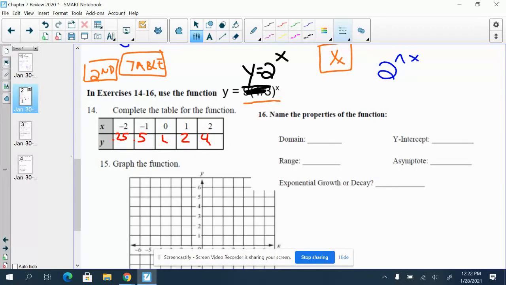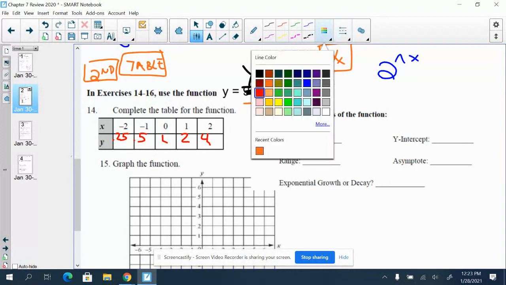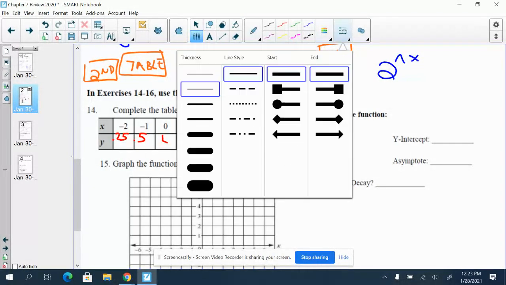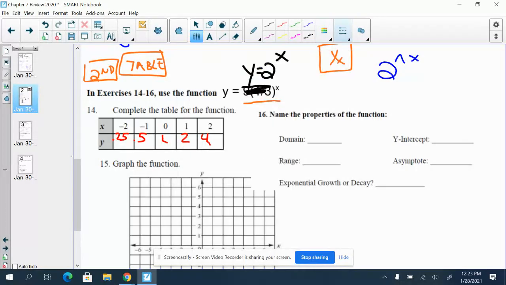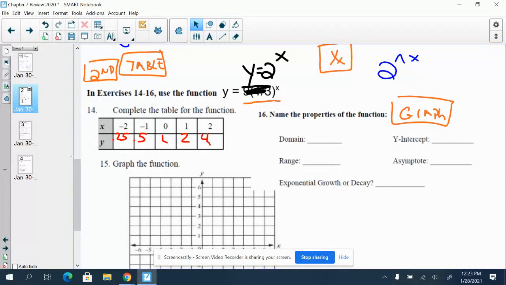So to graph it, you're just going to hit graph. Okay, so everything in orange here, Emily, is what you're going to hit on your calculator. So hit the graph button.